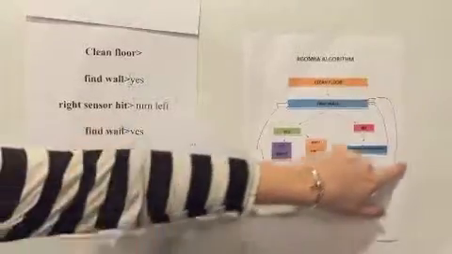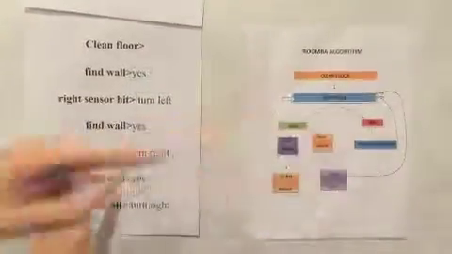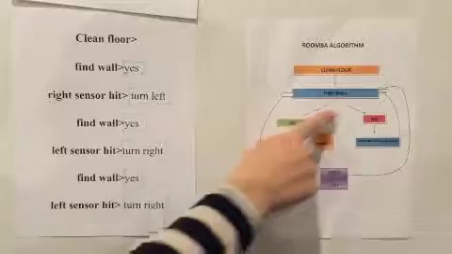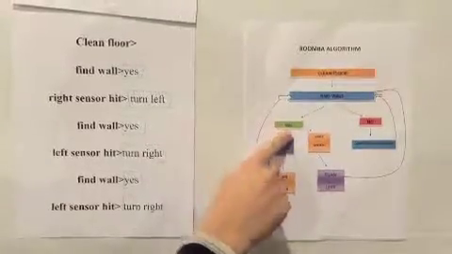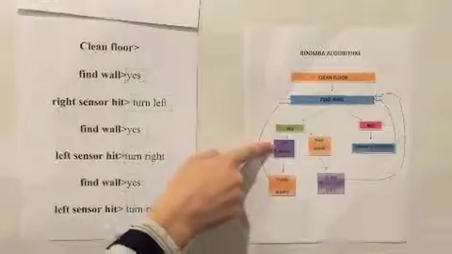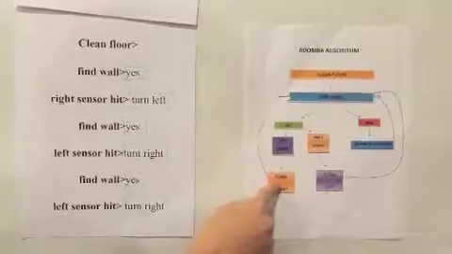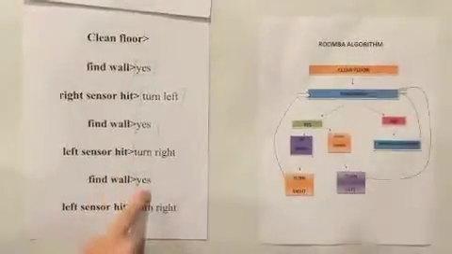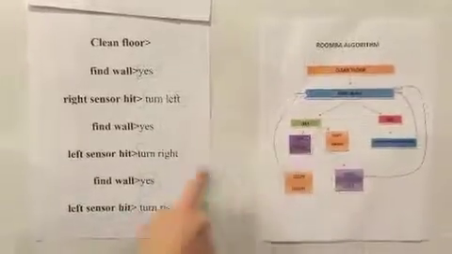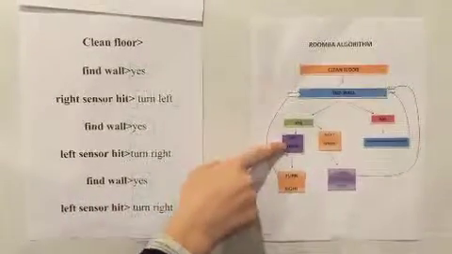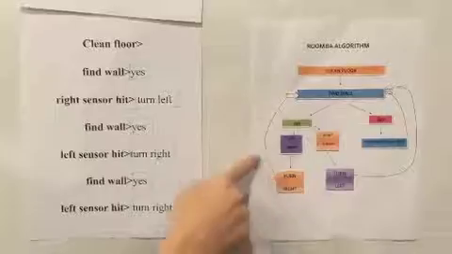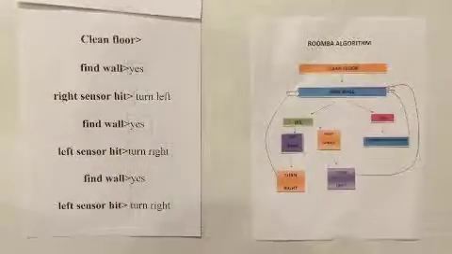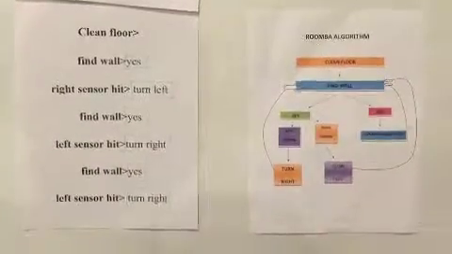And then we find a wall, so we go back up to the top, find a wall. And then yes, it hits a wall. And the left sensor is hit this time, and it turns right, and it finds a wall again, goes back up to the top, and then yes, and then left sensor hit here, and so it will turn right and find a wall again until it's all done cleaning your room, and it'll go back to its base.